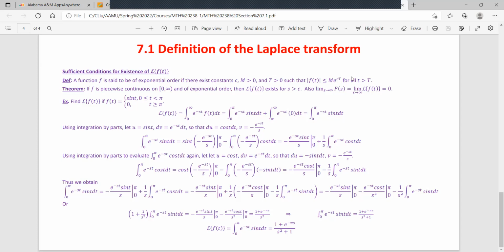And this is valid for all small t greater than capital T.